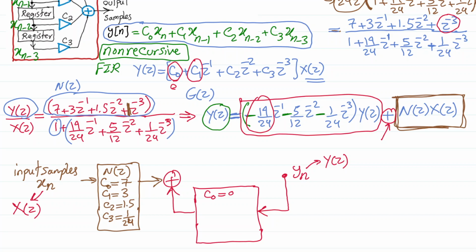C0 has to be 0. C1 has to be negative 19 over 24. And C2 is the coefficient of z minus 2, so it has to be negative 5 over 12. And C3, the coefficient of z minus 3, has to be negative 1 over 24.